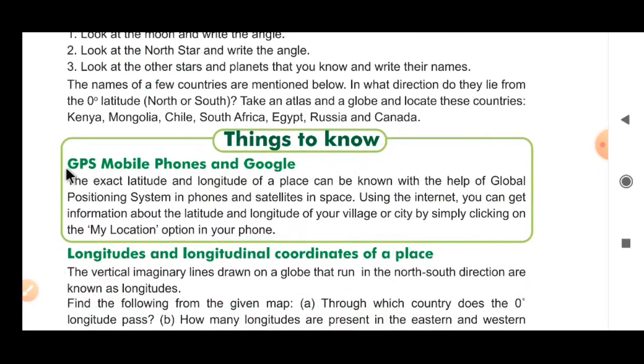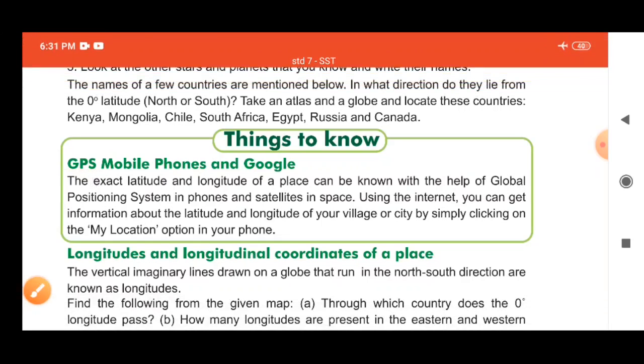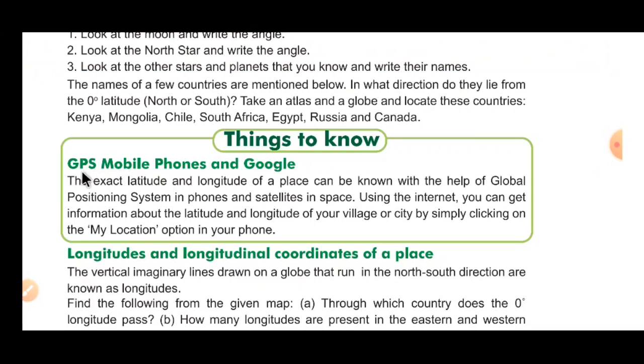Things to know. GPS. What is GPS? Students, your parents also use mobile phones and have internet service on their mobiles. With the help of GPS on the mobile we can go to any place, and through GPS we can know latitude and longitude. The exact latitude and longitude of a place can be known with the help of the Global Positioning System.